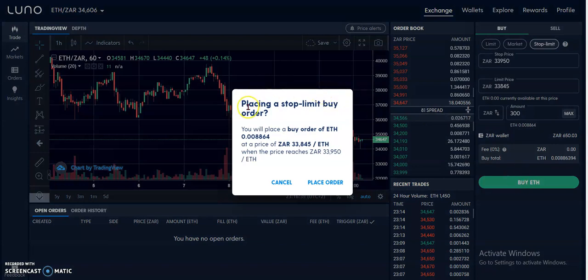So let's understand what it says. Placing a stop limit buy order. You will place a buy order of ETH at a price of 33,845 when the price reaches 33,950. So once the price reaches 33,950, the order will go into the system and activate once our 33,845 market price is reached.